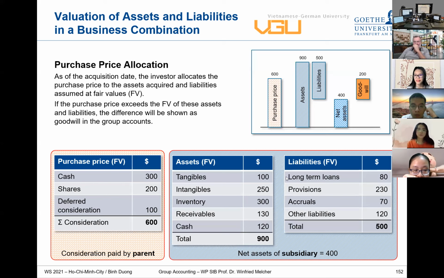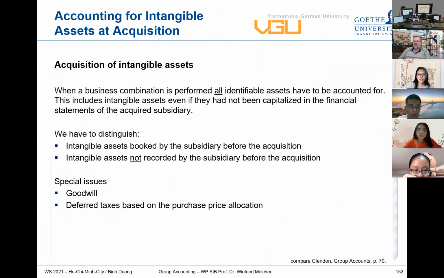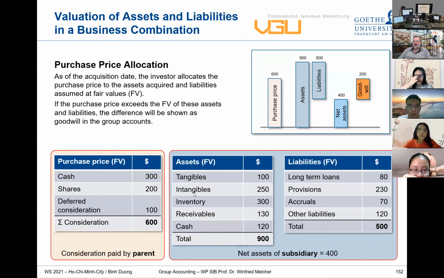All right, so that's about purchase price allocation in practice. And I think that picture pretty much shows you how that works. All right, so the question always is in this kind of purchase price allocation, do we really have all the assets that there were? And do we really have all the provisions and loans and liabilities?